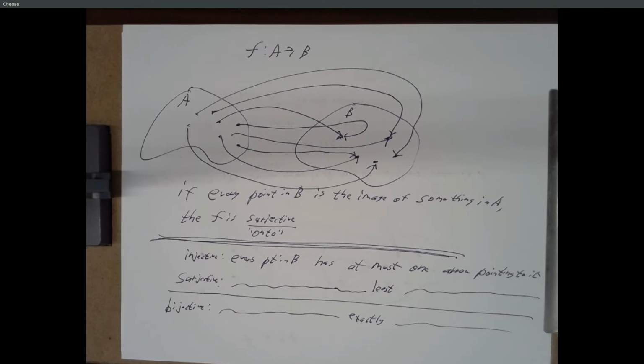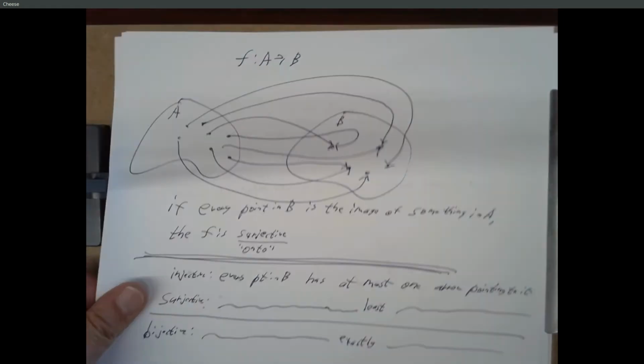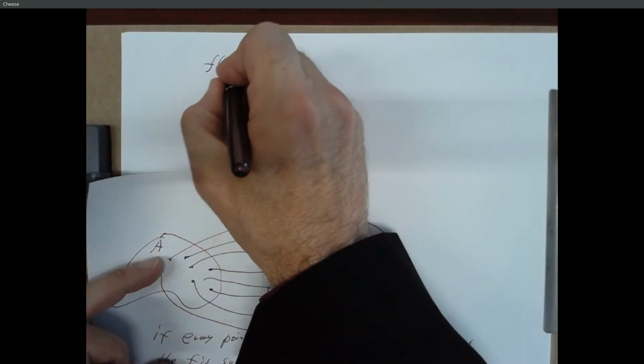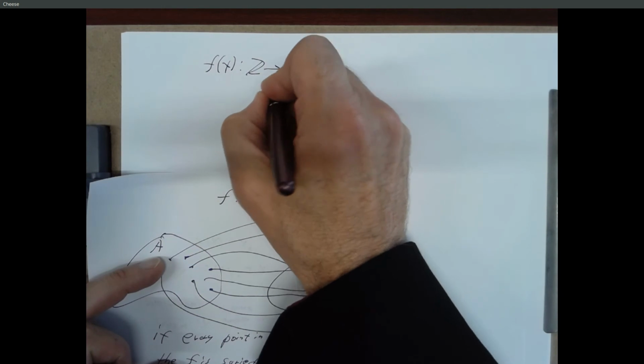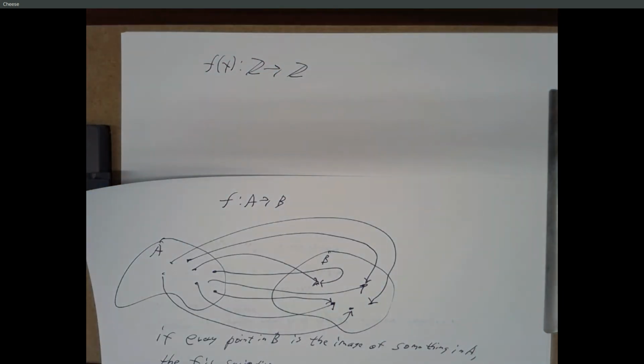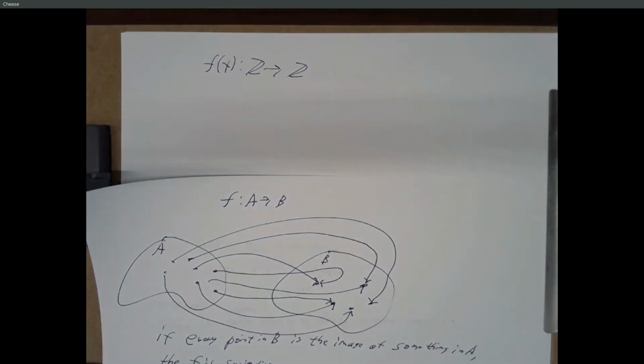Do you have any examples of functions that are not surjective? Yes, and those are pretty easy to cobble together because it depends on the codomain. So for example, f of x going from the integers to the integers, there's no value over here that maps to the number 5 because there's no integer whose square is 5, so that's not surjective.